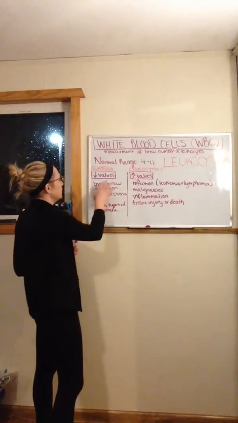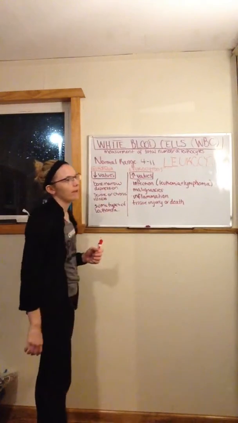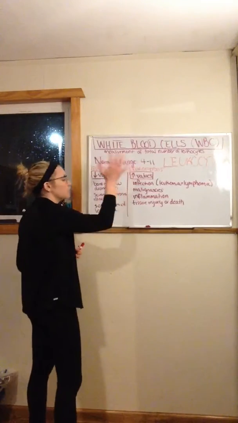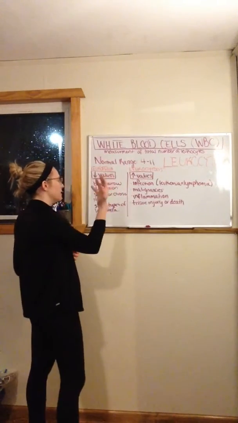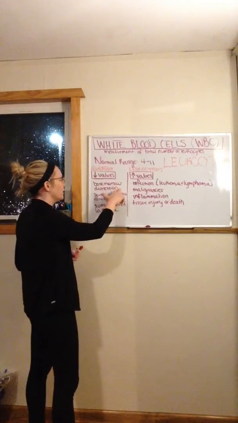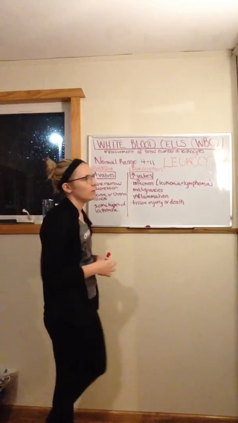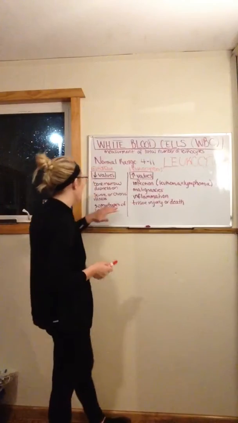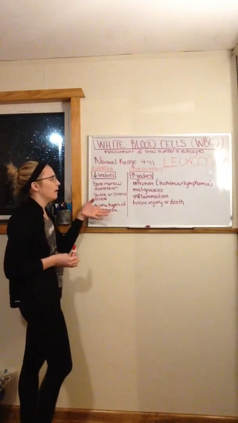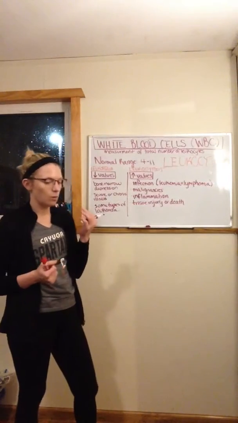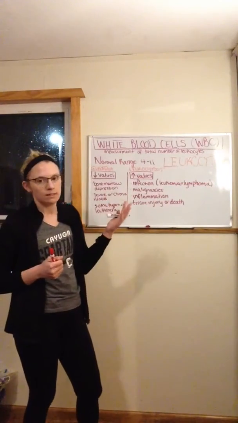All right. So if you have decreased lab values for white blood cells, if they're low, some of the reasons why you would be seeing that are bone marrow depression, severe chronic illness, or some types of leukemia, which can throw you off a bit. So for the most part, forget about that one. Bone marrow depression is big. So you got to think critically on this one.